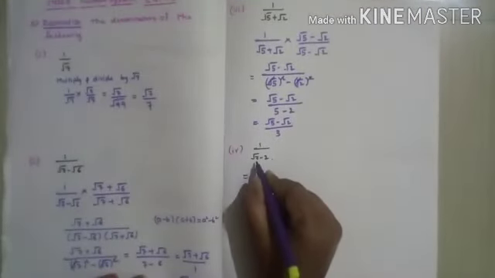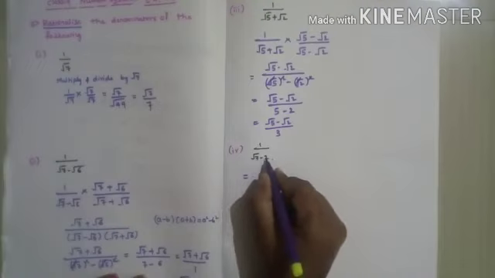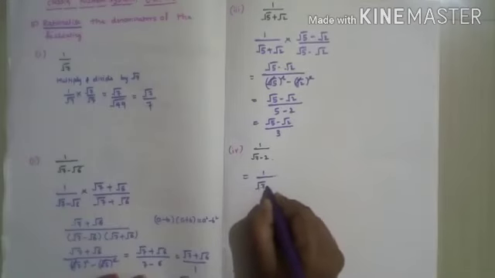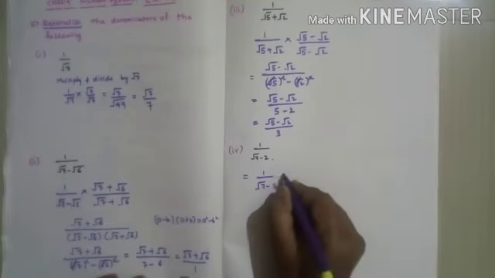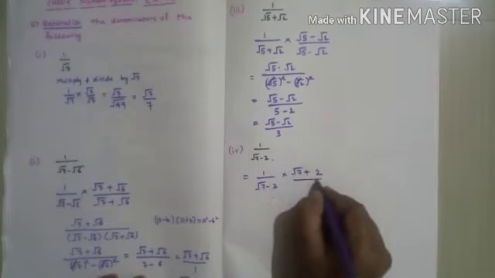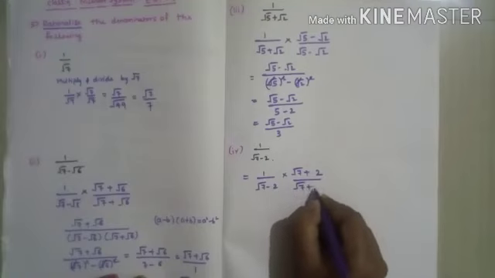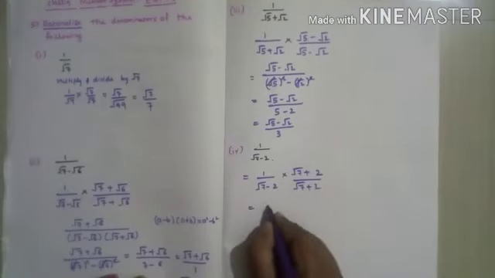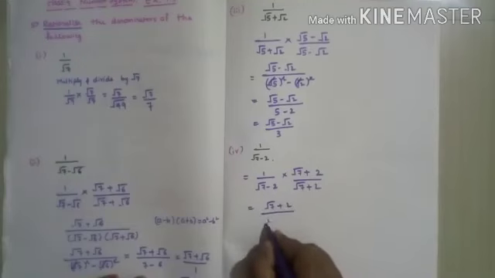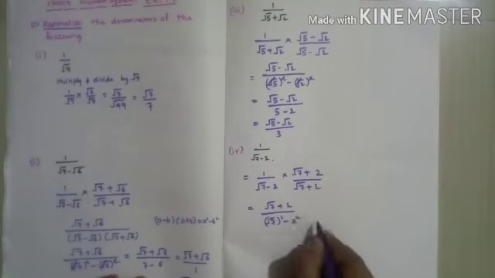Here, one number is containing a root, one more number is not containing a root. Here also the same thing: minus will become plus for the rationalizing factor. Root 7 minus 2 into root 7 plus 2 divided by root 7 plus 2. So root 7 plus 2 divided by root 7 square minus 2 square.